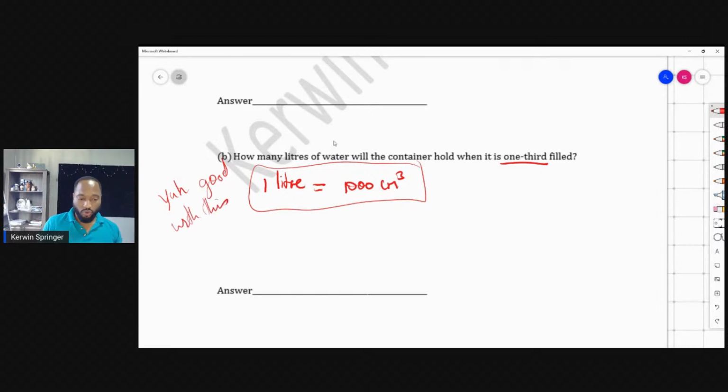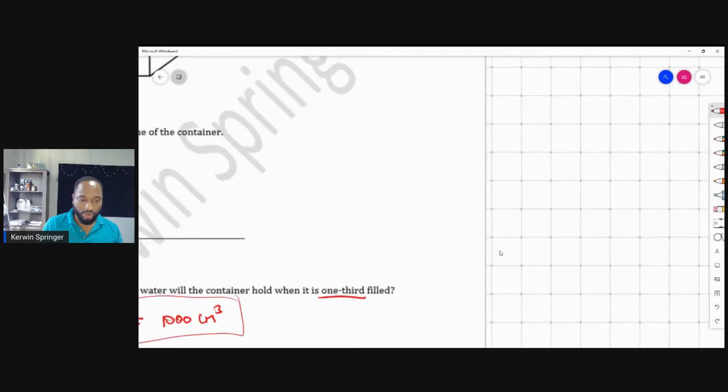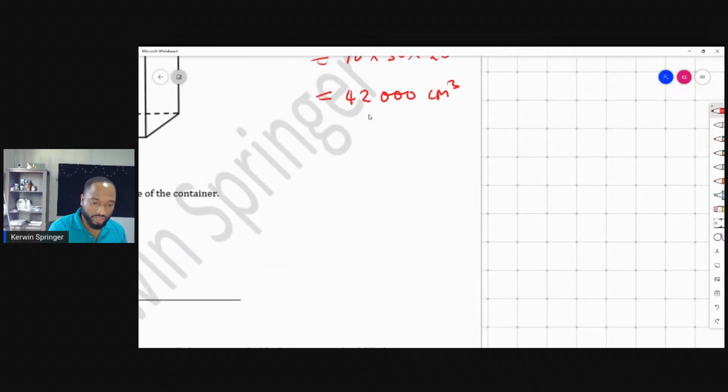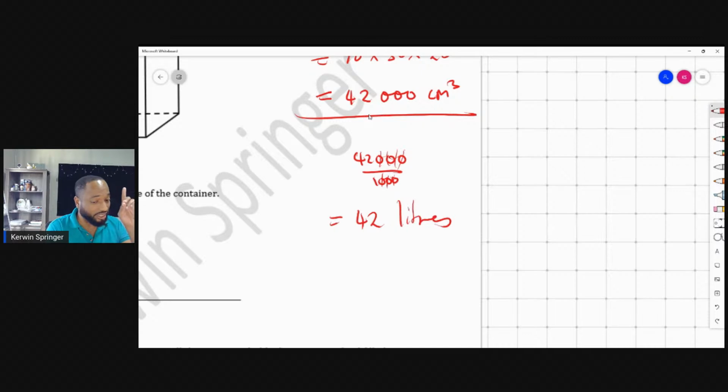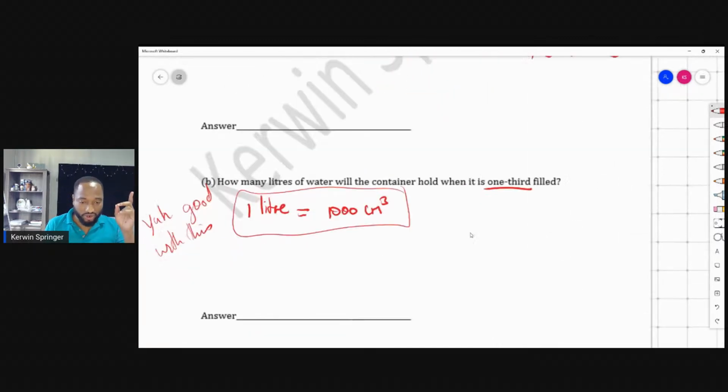All right, so if 1 liter is 1,000 centimeters cubed, how many liters do we have here? So this is the same as 42,000 divided by 1,000. You could just cross out those zeros, or you could move the point back 3 times, 1, 2, 3. We still get the same thing. This represents 42 liters. That's not the answer. The answer is saying that it's 1/3 full.